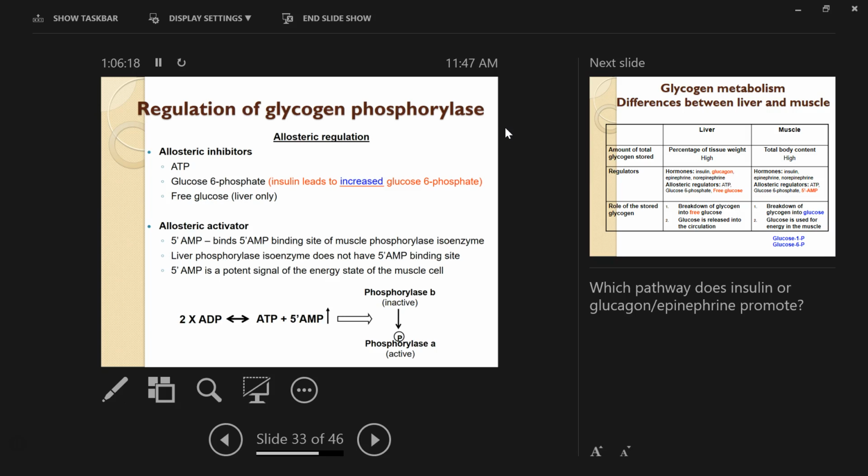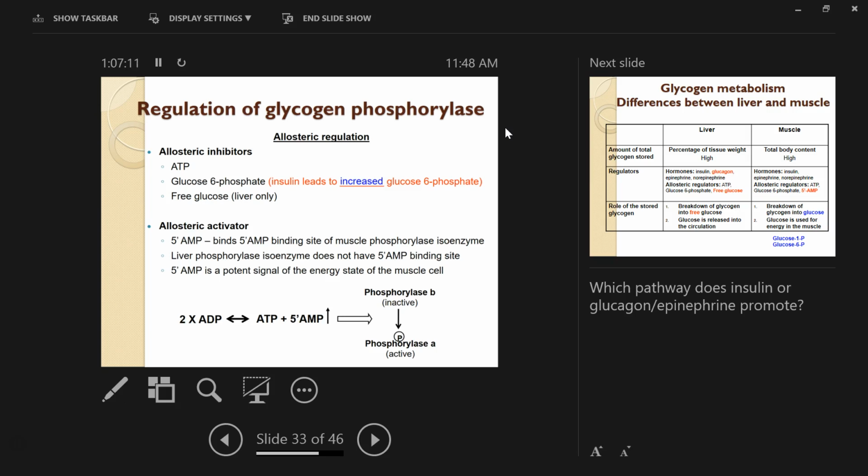And then the other regulator, called an allosteric activator, 5' AMP, is an important regulator that stimulates the phosphorylase activity, right? 5' AMP regulates the phosphorylase in the skeletal muscle, not in the liver, because only the muscle phosphorylase has the 5' AMP binding site.